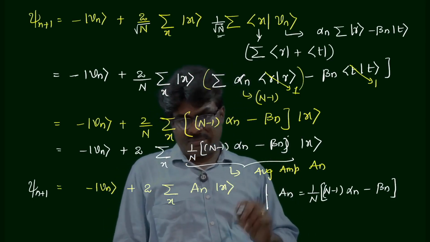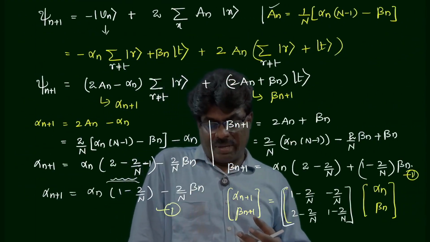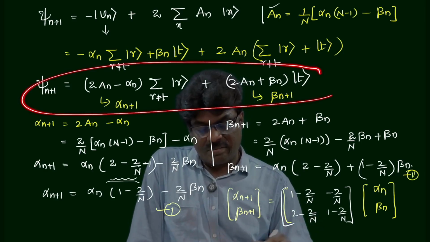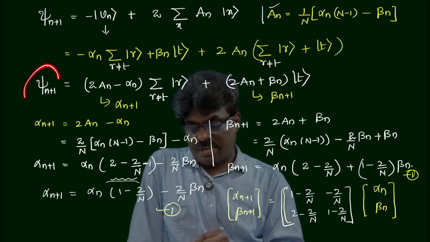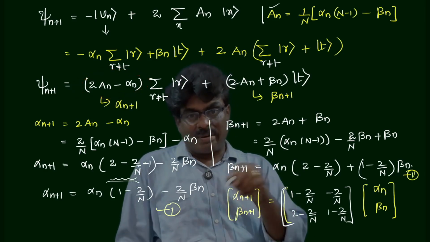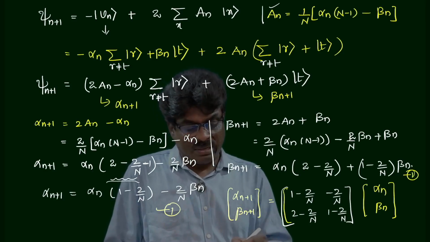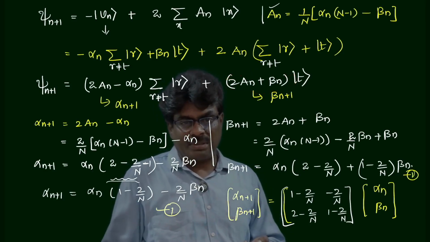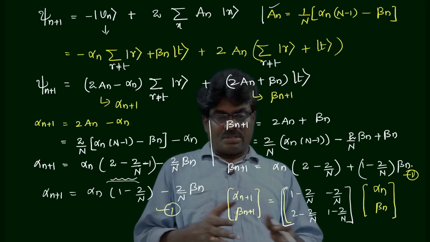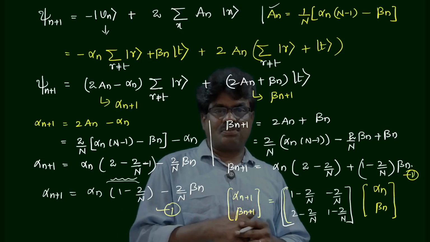Let it be an. And after that, we substituted Vn. Okay. And I took some common. And finally, we got this state, which is psi n plus 1. And this amplitude is the amplitude of remaining states after n plus 1 iterations. Let it be alpha n plus 1, and this is the amplitude of target beta n plus 1. Then the small algebra. Okay, so simple. And after that, we just represent those linear equations, two equations we got, in the matrix form.